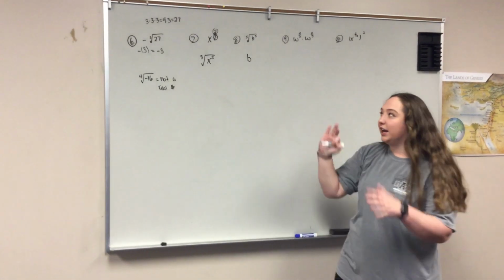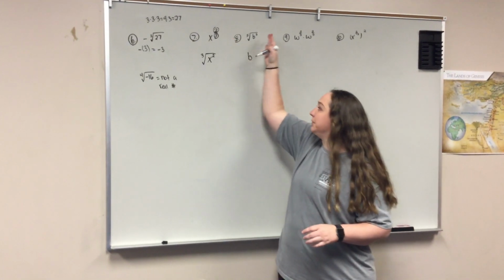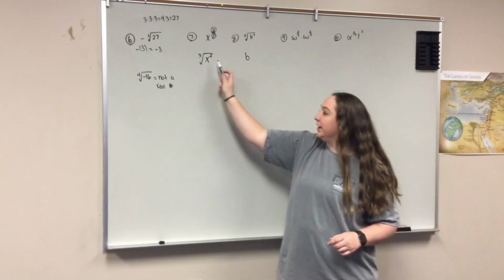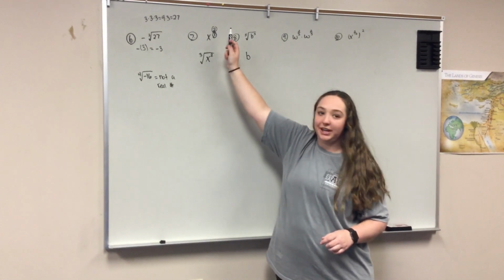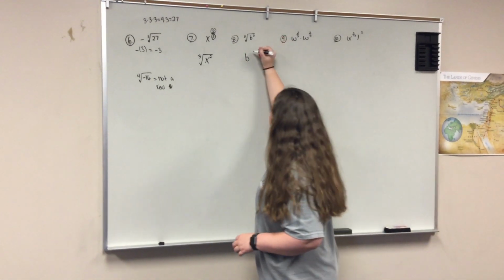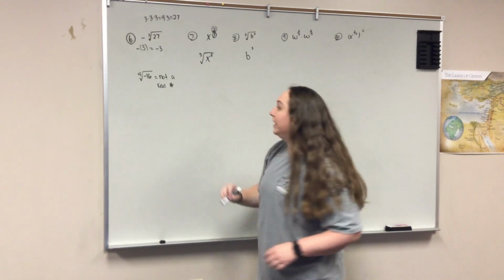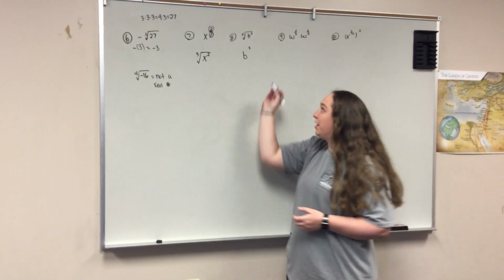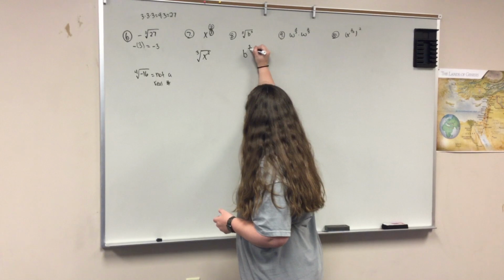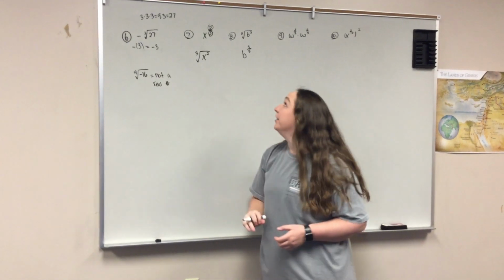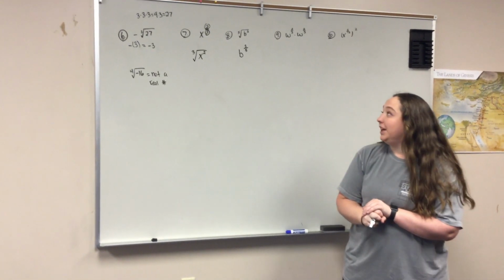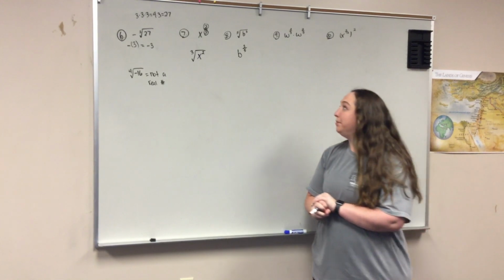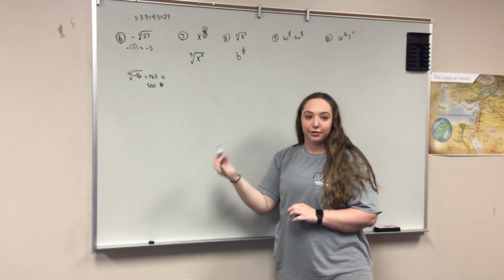And if you look at the previous one to help us out, what's under the radical is going to be in the numerator. So we have a 3 in the numerator. And the root is going to be the denominator, so the denominator is going to be 5. So for the 5th root of b cubed, our answer is going to be b raised to 3/5.